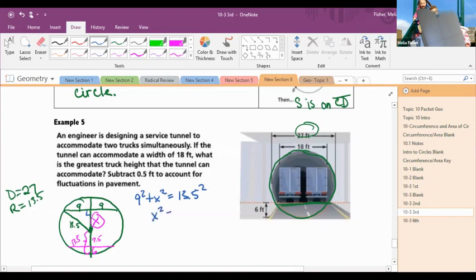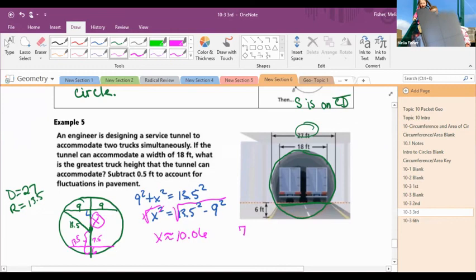And you could figure this 13.5 squared out and the 9 squared out, but for now, I'm just going to say we would subtract the 9 squared from both sides. And then to get x alone, we would take the square root of both sides. When we plug that into our calculator, we're going to get about 10.06. So x is about 10.06.